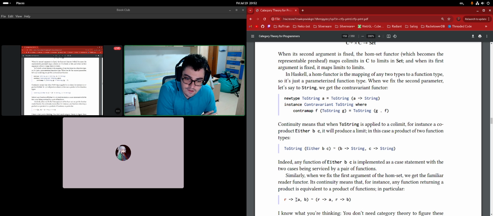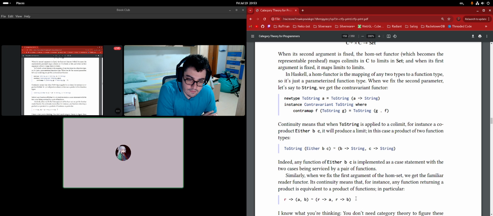R to A, in this case a tuple. When we fix the first argument, that means we're fixing the input type, which is R. We get the reader functor, which is correct. This could be anything. In this case, we're using a tuple just for simplicity, I believe.